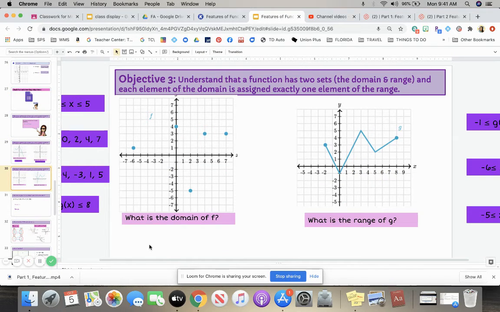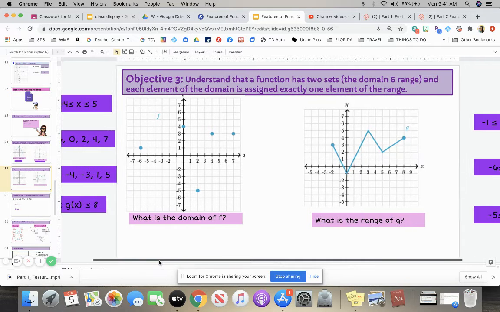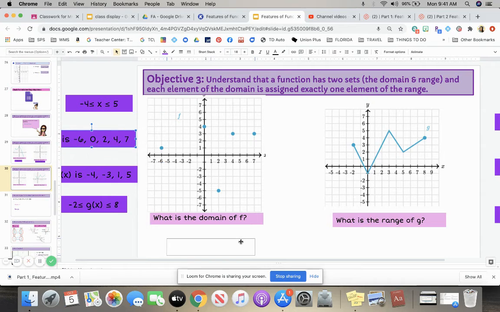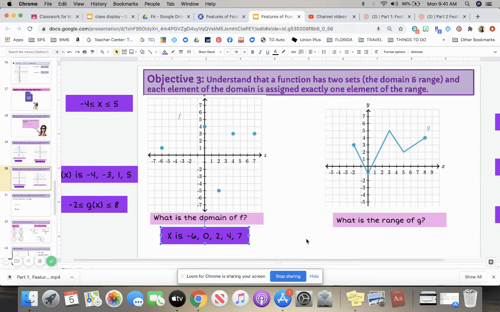Okay. Let's look at this one. What is the domain? Again, it's our x values. So we have a -6, a 0, a 2, a 4, and a 7. And again, we're finding our range.